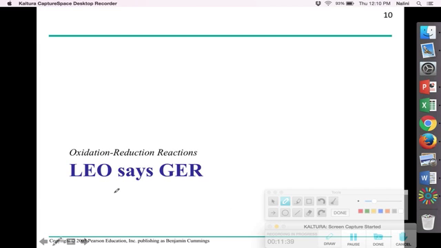L is for loss, E is for electrons, O is for oxidation. So if L is for loss, then G is for gain. So loss of electrons is oxidation and gain of electrons is reduction.